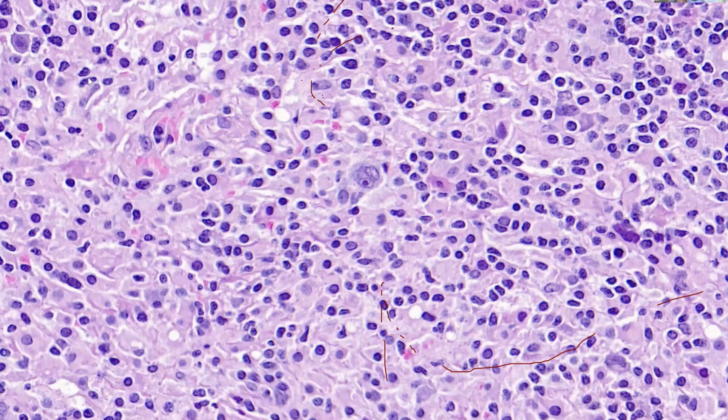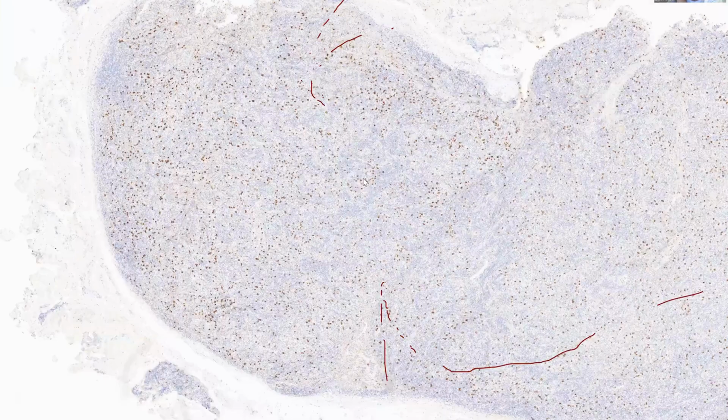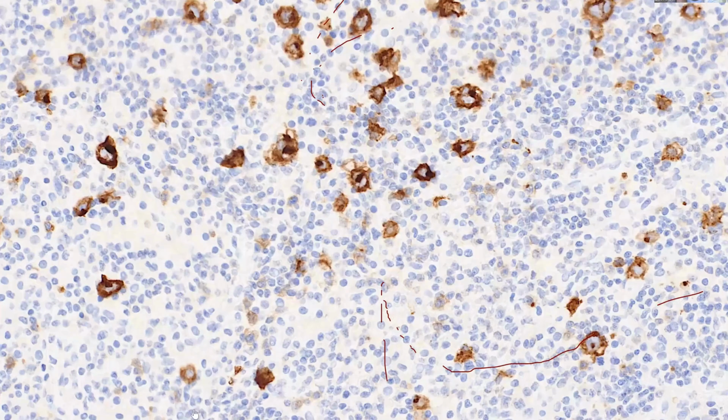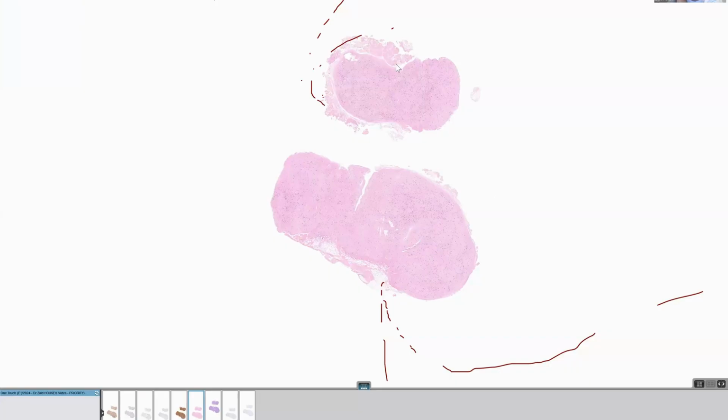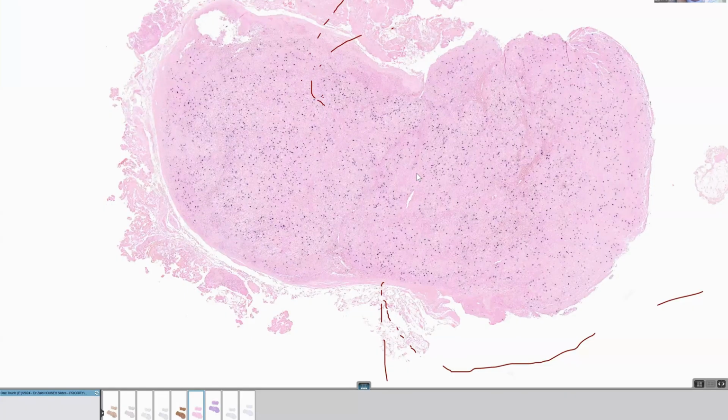If we see the CD30, it will highlight most of these larger cell population. And you can see the pattern of staining that we see here. It's a membranous and Golgi pattern of staining. And in this case, it was EBV positive, which confirmed the diagnosis. So that's an EBV EBER-ISH positivity.